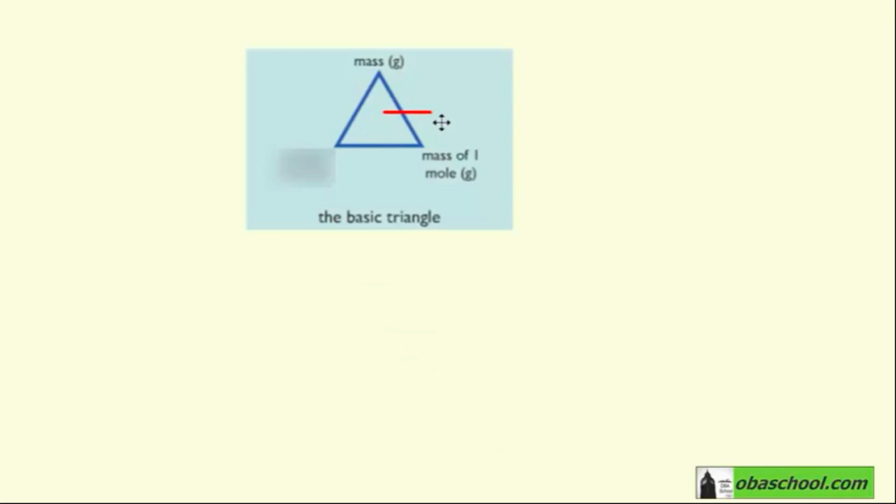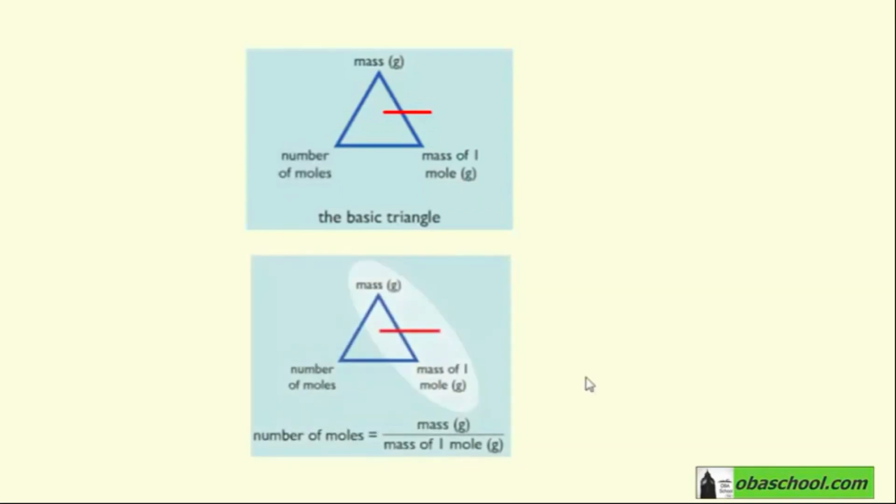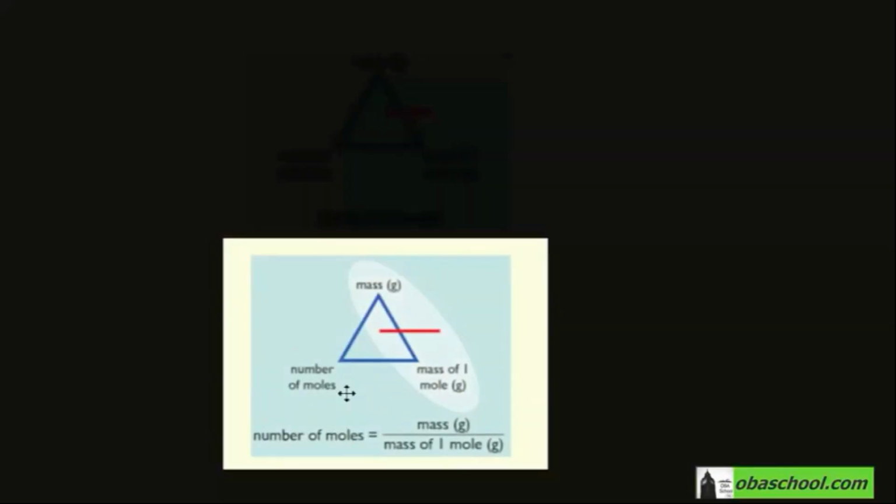In that way, the number of moles equals the mass over the mass of 1 mole. This is the figure found in our books. Number of moles equals the mass in grams divided by the mass of 1 mole in grams. So as you can see, we obtained another formula on how to find the number of moles.